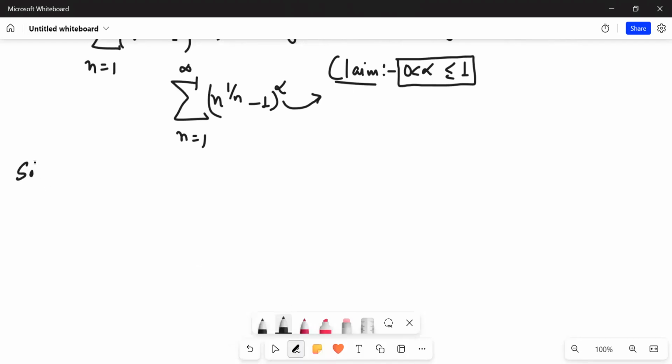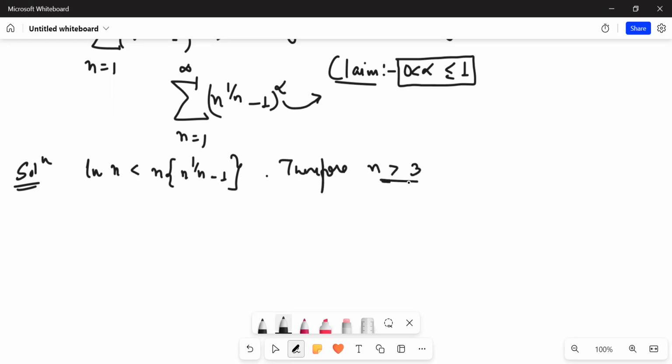So, solution. Okay. So I'm just writing right now, understand that ln n will always be less than n raised to power 1 by n minus 1. Therefore, since it is this, for all n greater than 3, why am I taking greater than 3?